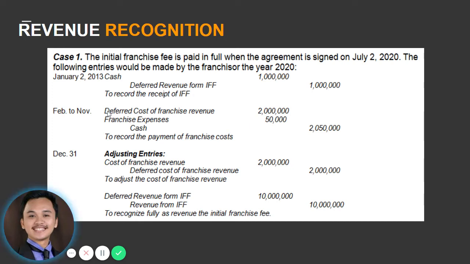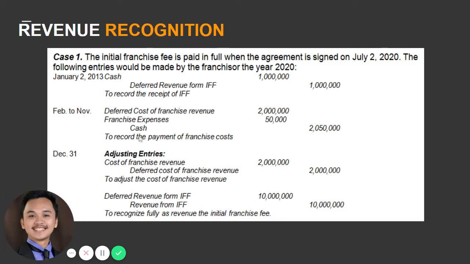So for the meantime, debit it to deferred cost of franchise revenue, and then recognize our indirect franchise cost of 50,000 directly as franchise expense, and then credit cash for 2 million 50,000. Okay? So those are the pertinent journal entries from January 2020 up to November 2020.